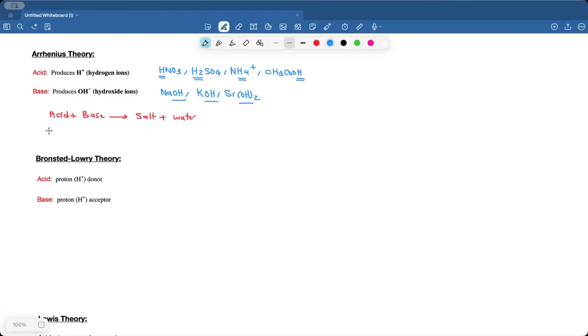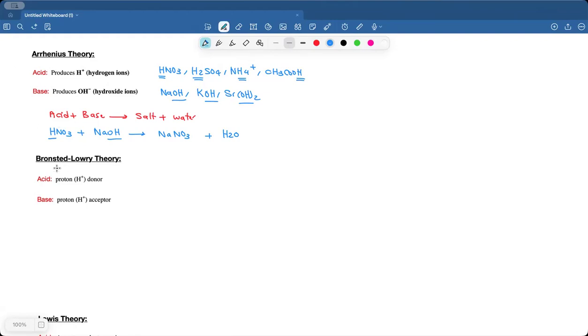Imagine you have an acid like HNO3 and a base like NaOH. The acid gives away the H+, the base gives away the OH-, and together they form water. The salt they make together is Na and NO3, so NaNO3 would be the salt. So this is the first theory.